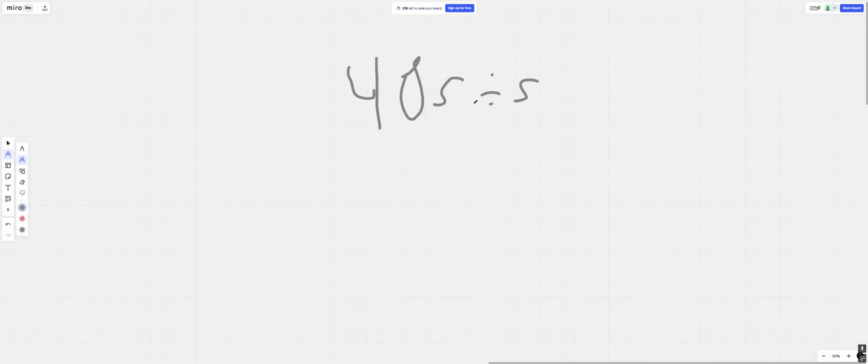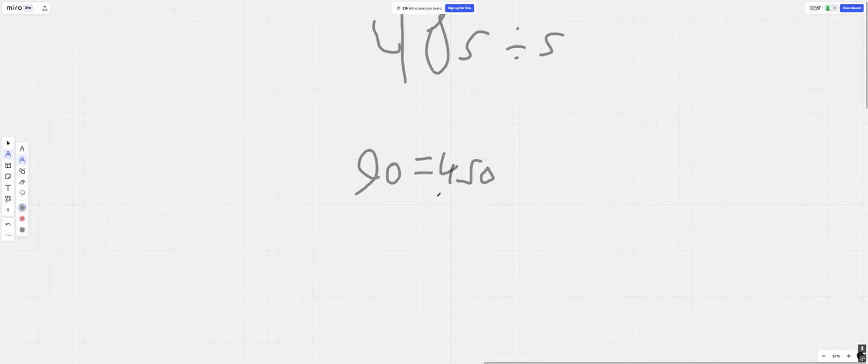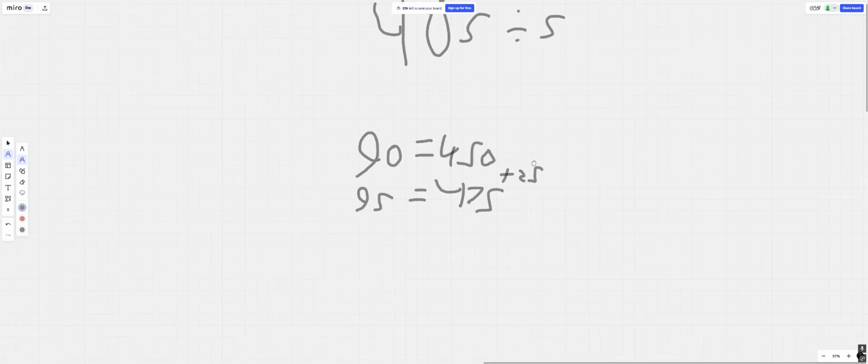What's the closest multiple of 10 to it that also works with 5? 450. What's 450 divided by 5? That's 90, obviously. So we have 90 for 450. 475 equals 95, because that is just adding 25.